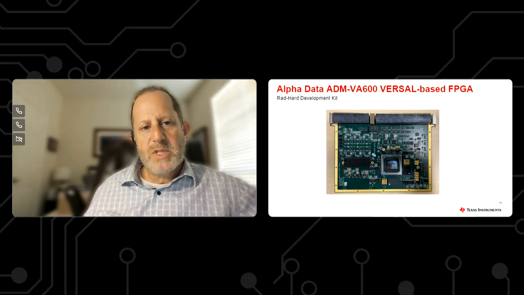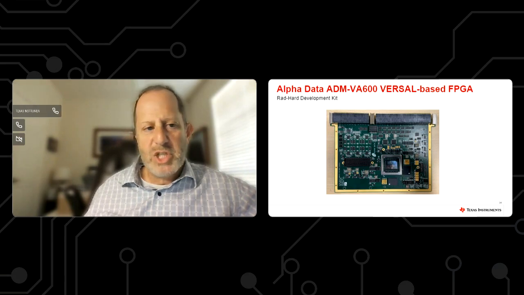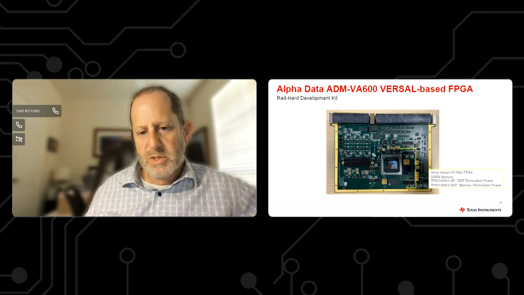And this reference design is a Versal-based FPGA, rad hard kit. Lots of parts on here. I'm not going to go through all of these. I'm just going to flash some of this stuff up.